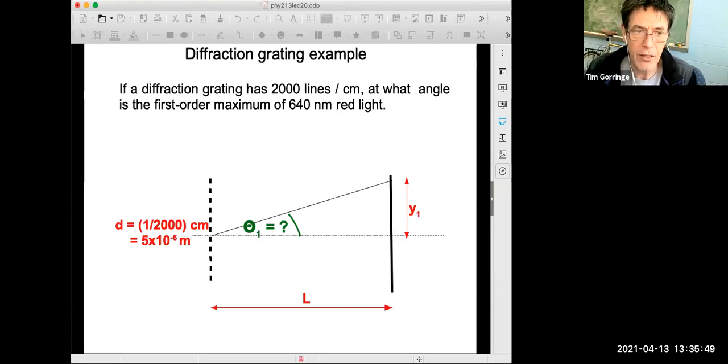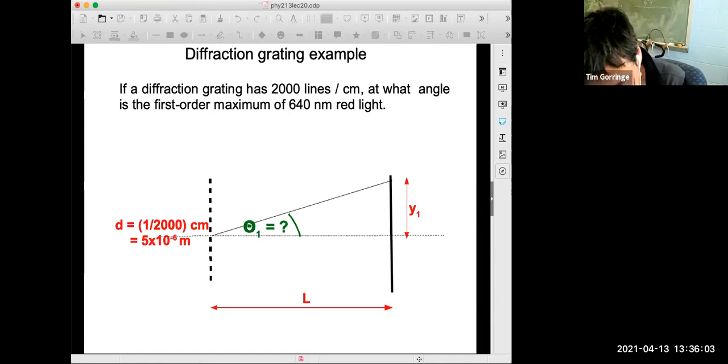So you have to be a little bit careful about this diffraction grating language. Typically you're told the number of lines per centimeter, not the slit separation between neighboring slits. Anyway, let's go ahead and solve this problem.